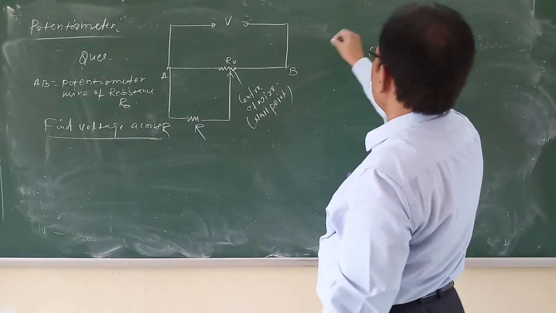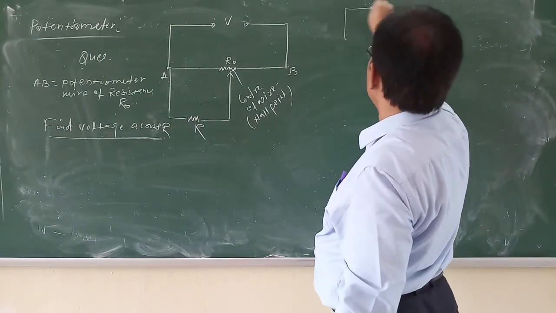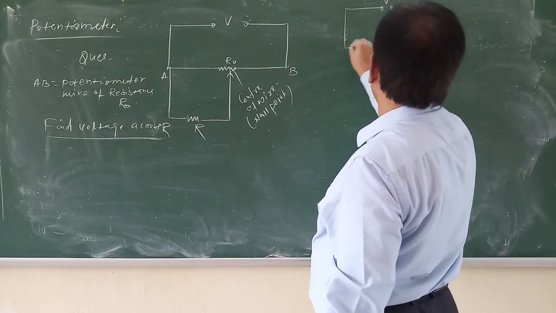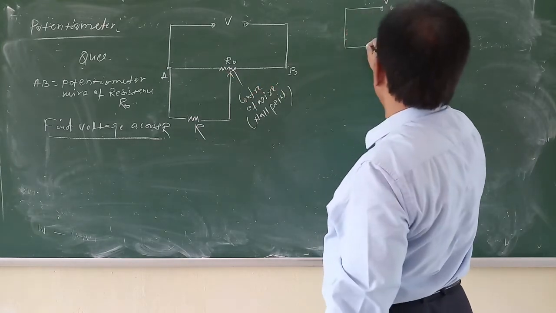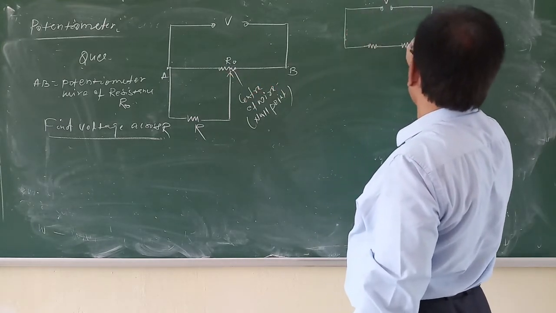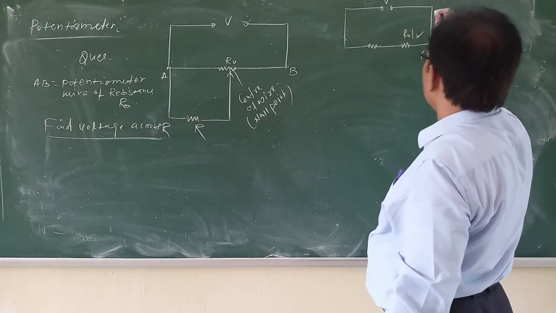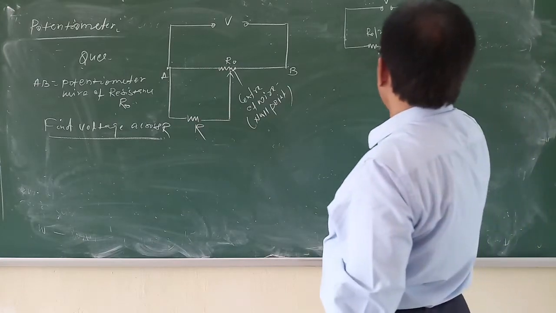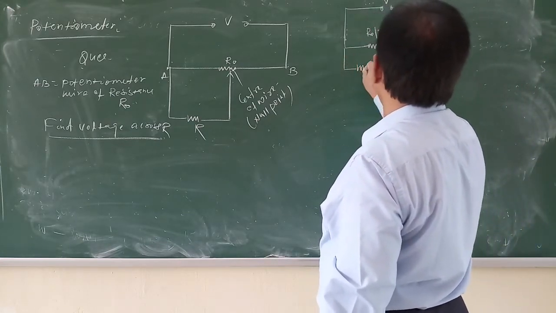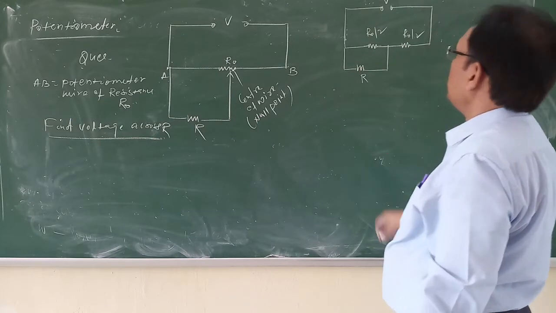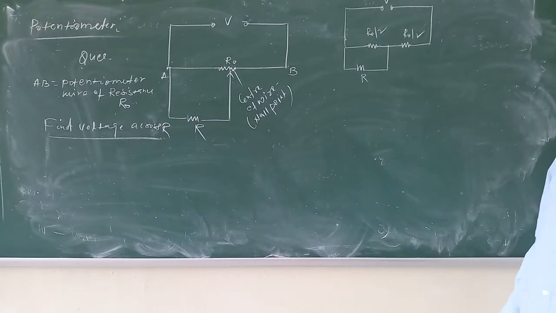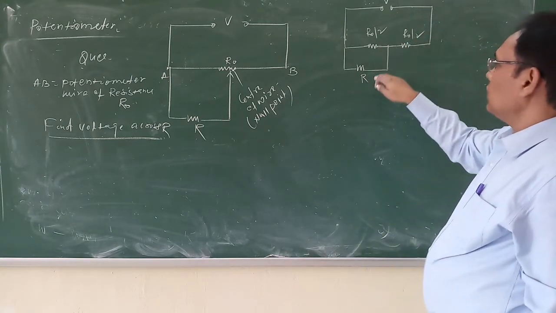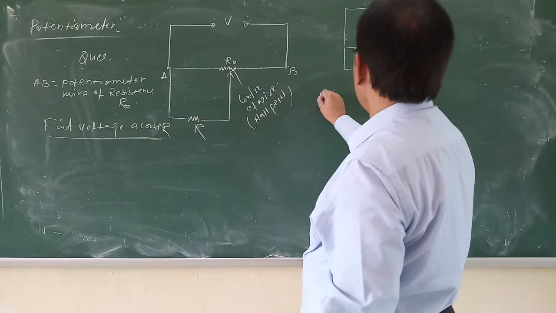So this circuit will be resistance. Suppose this is the V volt, and now it is divided into two parts. So this value will be R0 by 2, and this will also be R0 by 2, and then this is resistance R. So first you find the equivalent of these two resistances.